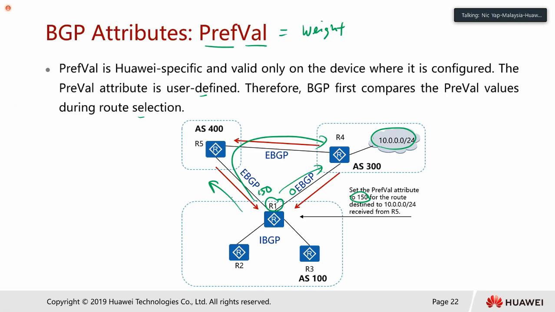That's how you can define it, but only on your local device, only for yourself. Is that okay so far on the preferred value? That is proprietary to Huawei. We call it preferred value, but in Cisco, we call it weight, the weight of the route.